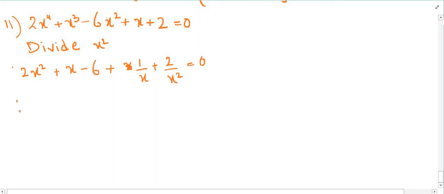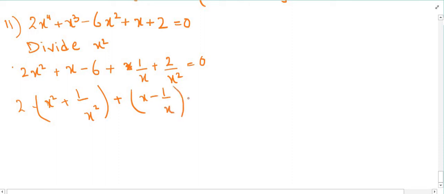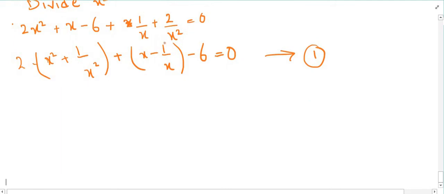Now combine the similar terms. 2 times x square plus 1 over x square plus x minus 1 over x minus 6 equals 0. This is equation 1. Put y equals x minus 1 over x.